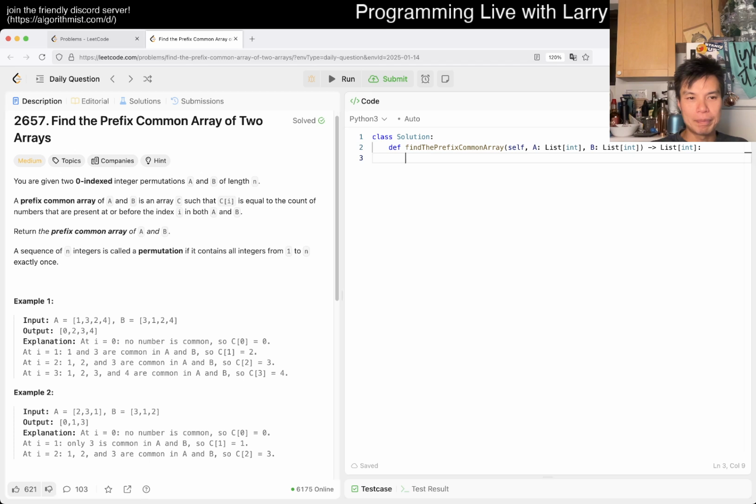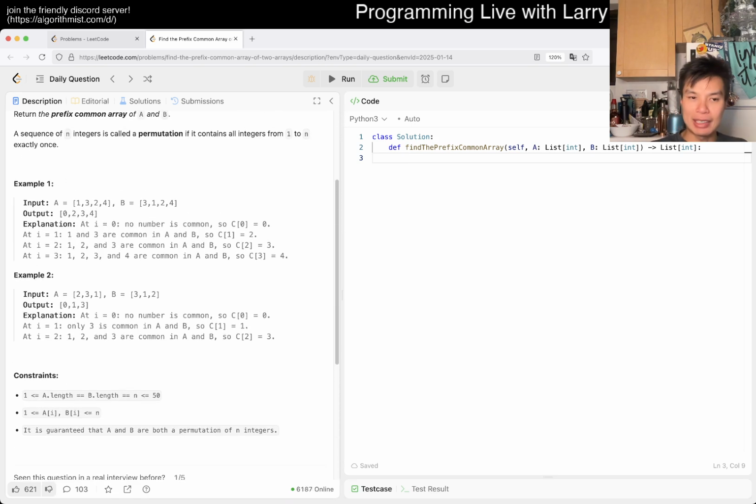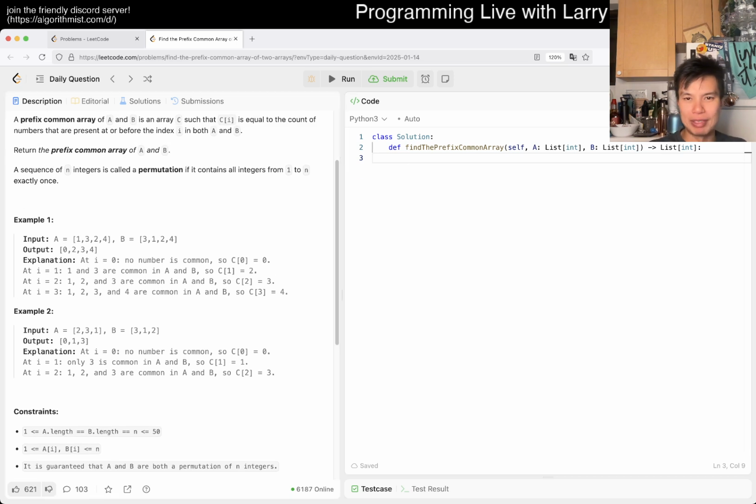But I think the other thing is that this is a permutation, right? What that means is that every number is unique. So I think that's the key part, and that's probably why we end up with that code, which makes it a little bit easier. What I was originally going to do was something like this, where you have A and B and we can just use zip of A and B. We don't even need the index because we just do it one number at a time.